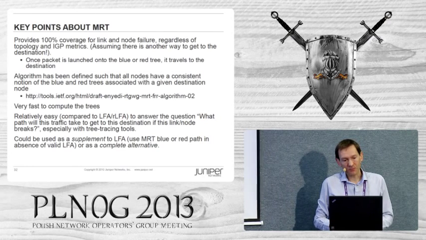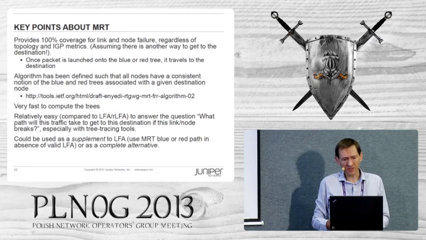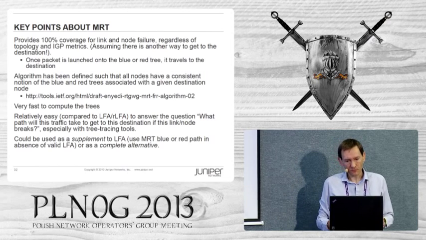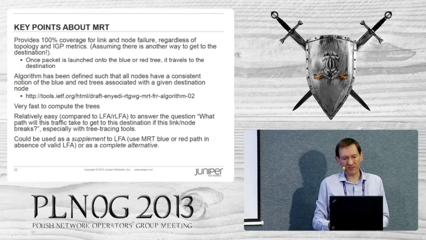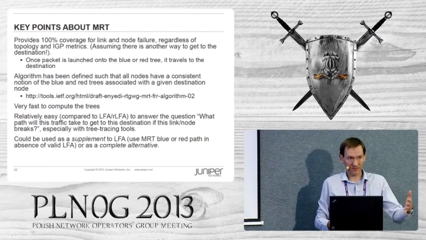One interesting property, actually, is that it's relatively easy, compared to, say, LFAs, to answer the question, what path will this traffic take to get to this destination if this particular link or node breaks, especially with tree tracing tools that we're planning to provide. So you sort of know in advance what the path would be if, let's say, a particular link breaks.